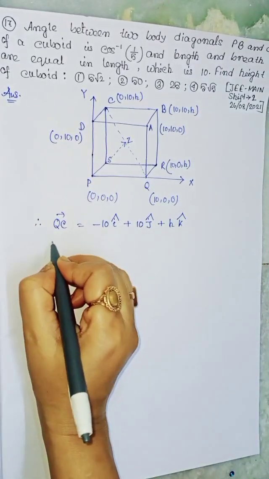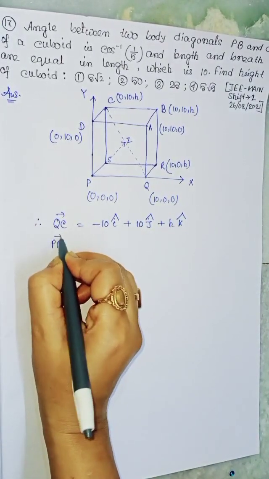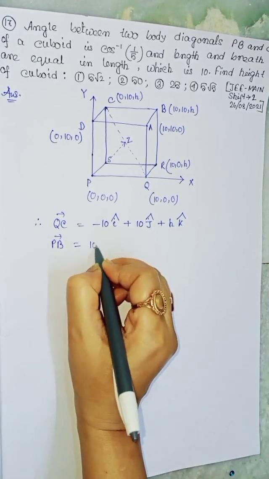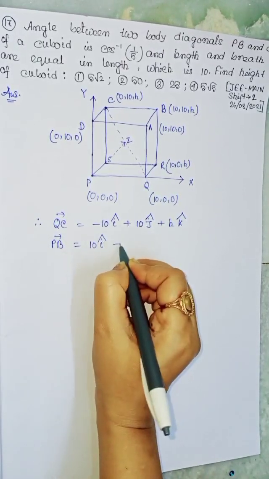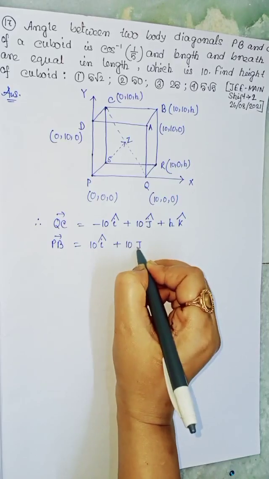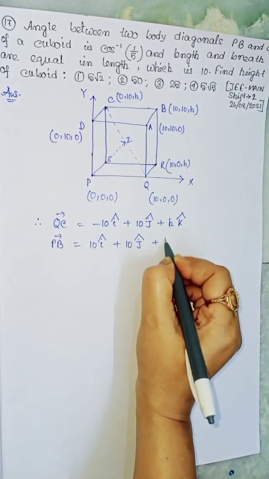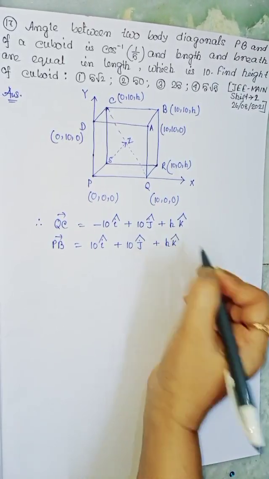PB is equal to 10 i cap plus 10 j cap plus H k cap.